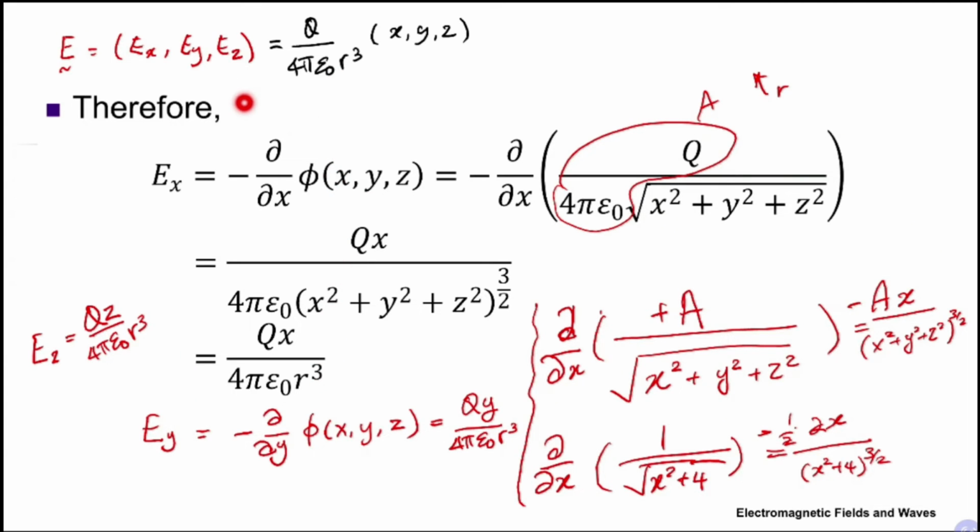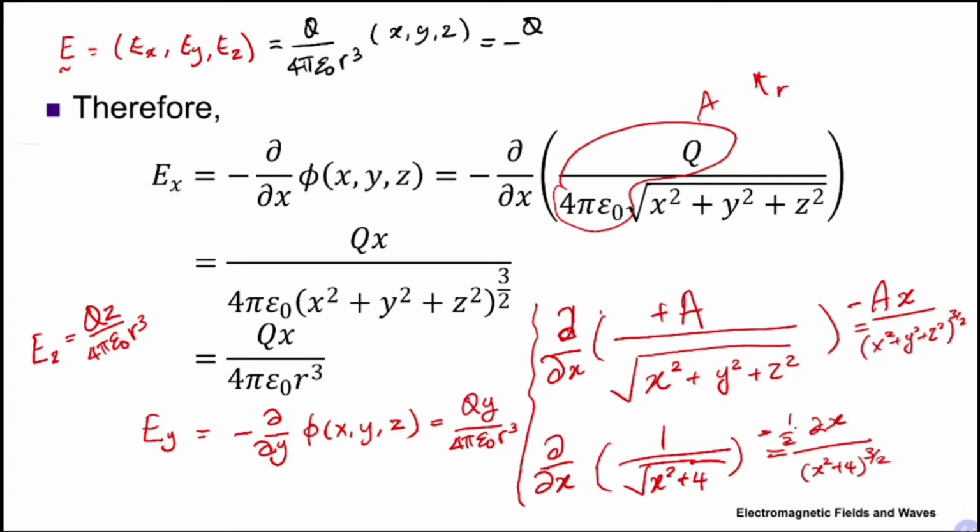My Ey is Q times y over 4 pi epsilon naught r cubed. And then my E of z will be Q times z over 4 pi epsilon naught r cubed.